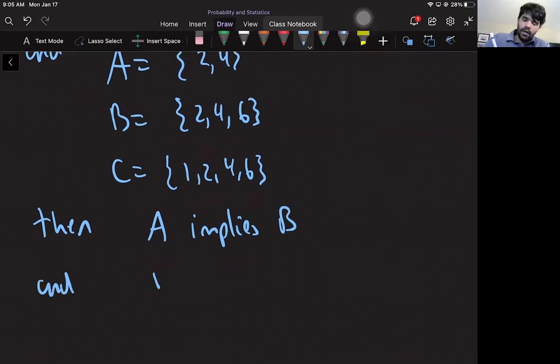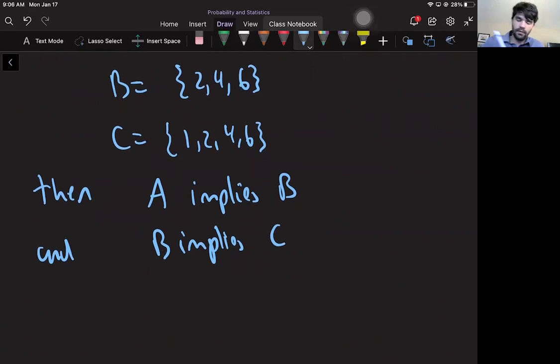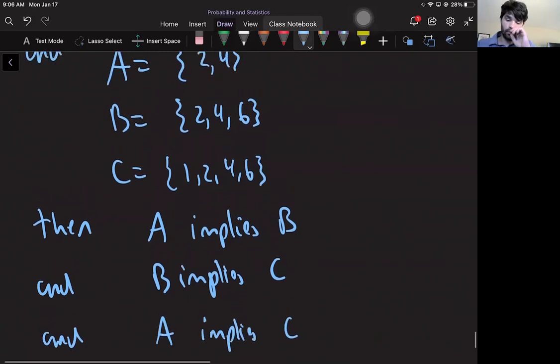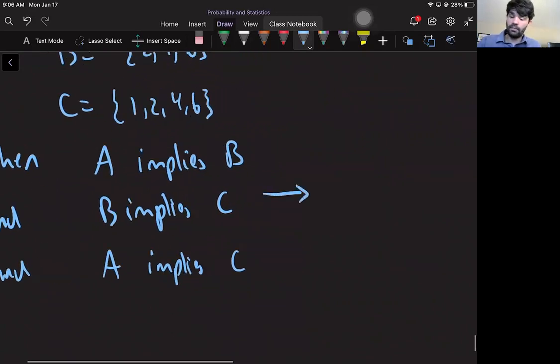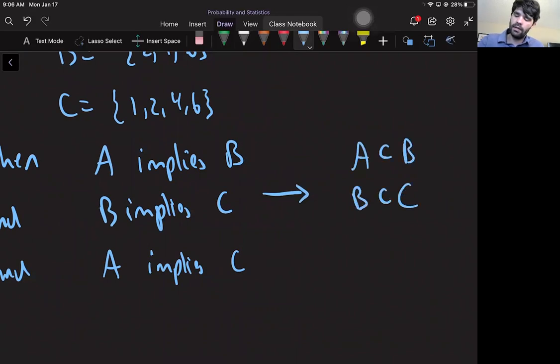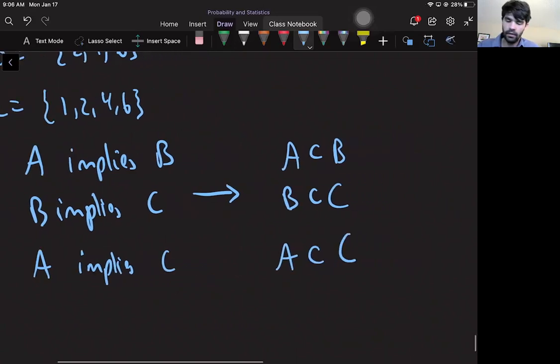But I could also say B implies C, because if I rolled a 2, 4, or 6, that means I definitely rolled a 1, 2, 4, or 6. And I could also say that A implies C too, because rolling a 2 or a 4 implies that I rolled a 1, 2, 4, or 6. And these all can be written as A is a subset of B, or B is a subset of C, or A is a subset of C. So either way you want to write it, they're really saying the same thing.